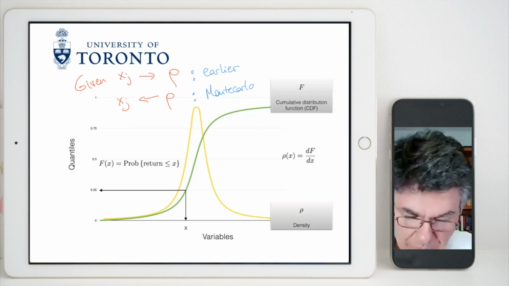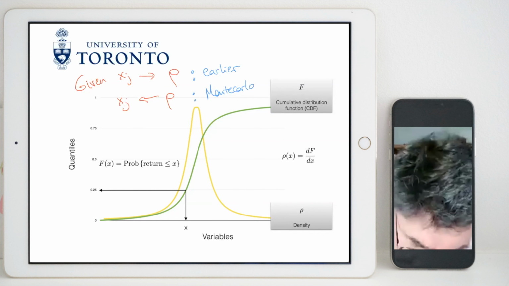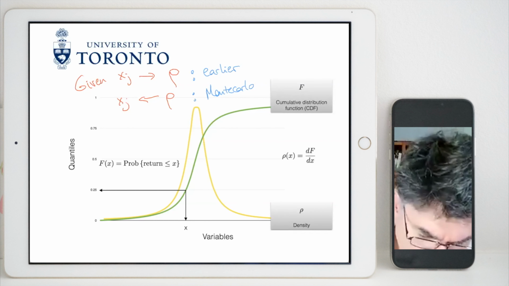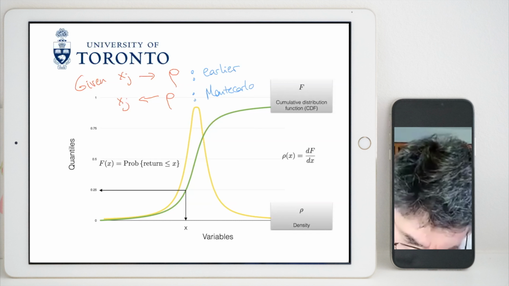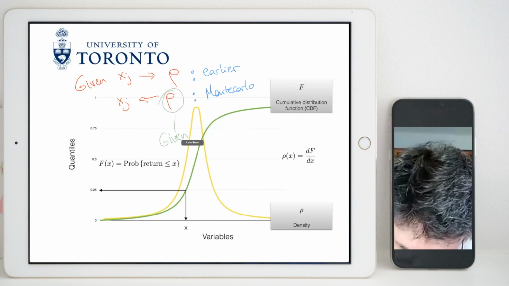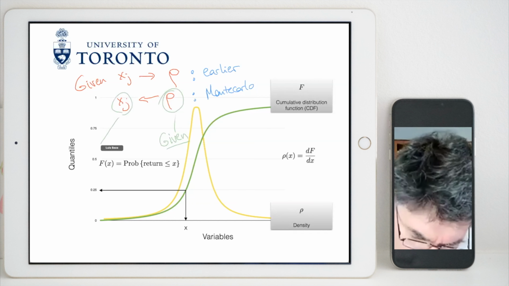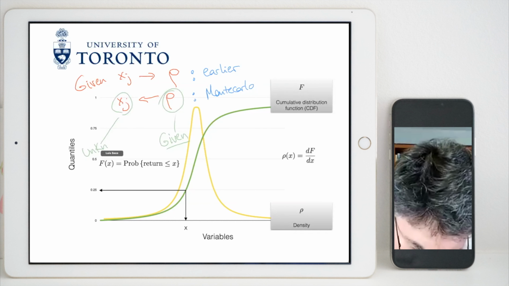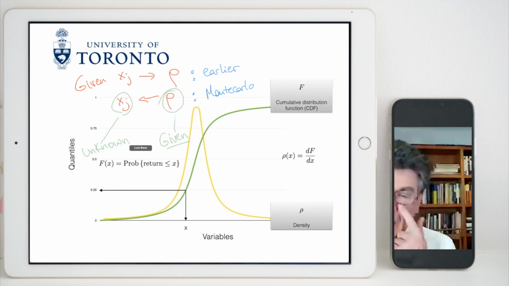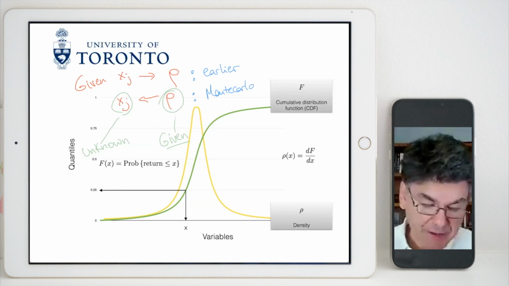I'll say this in a different way. In Monte Carlo, this is given. That's the unknown. And typically we want to do many of these. How many of these do we want to do?